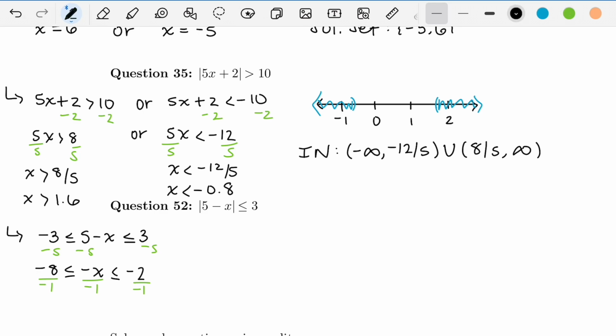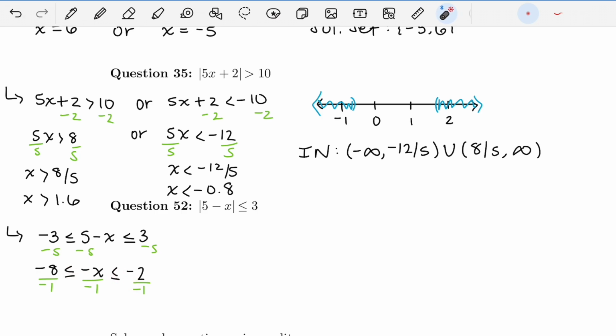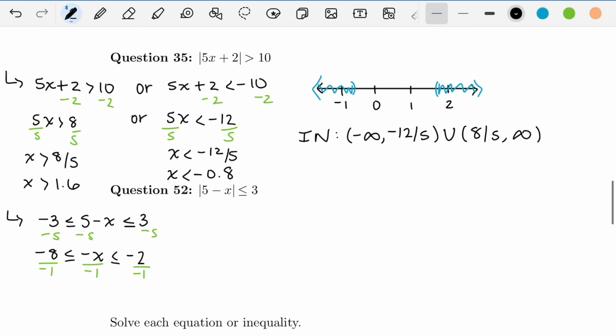But we do have to remember, since we're dividing by a negative, we're going to have to flip these inequality symbols here. So what I mean is, on the left-hand side, we have -8 divided by -1. That gives us a +8. But we have to flip that inequality symbol. We get a positive x in the middle. And similarly, we're flipping this inequality symbol, and we get a +2 on the right-hand side.